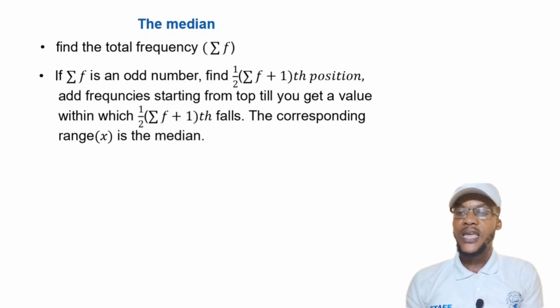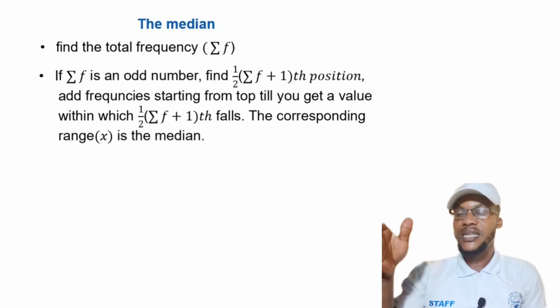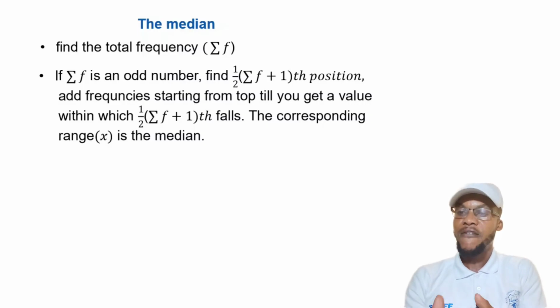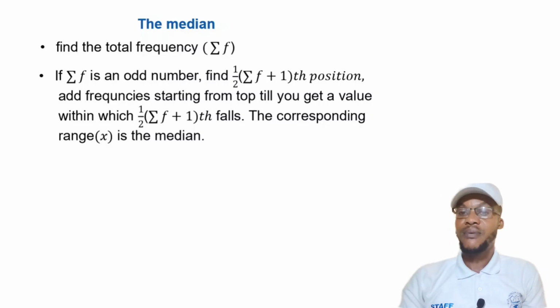After finding that position, you start adding the frequencies from the top of the frequency column until you reach the position, then you trace its corresponding mark, and that becomes your median.